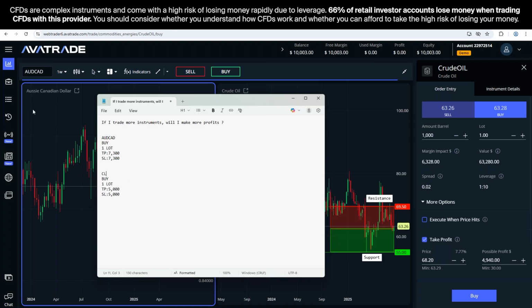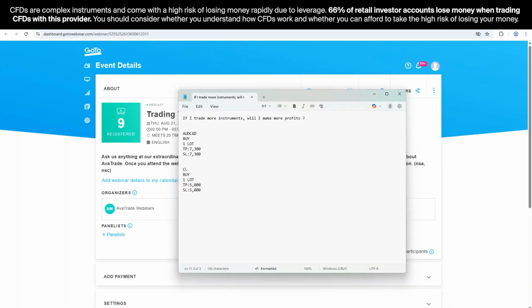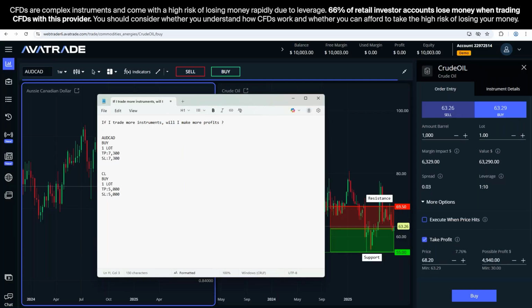If I only trade Aussie Canadian dollar and my positions are with a buy and I do not make profits, then I just lose. If I have a position with a buy with Aussie and one position with oil, and then one position makes profits and one position does not, then I can maybe balance myself with the other position.